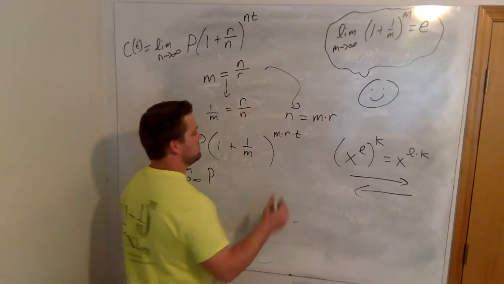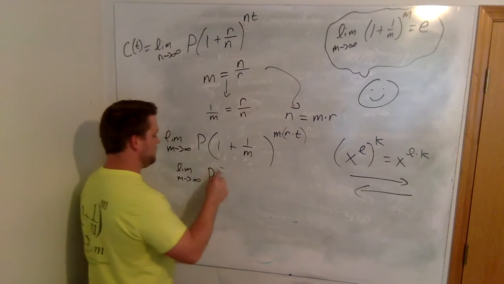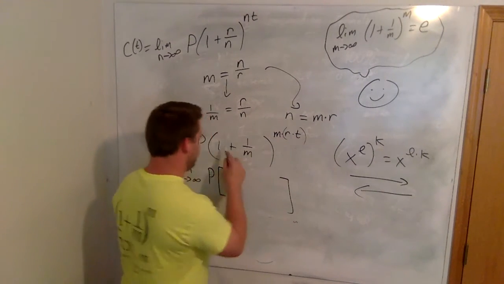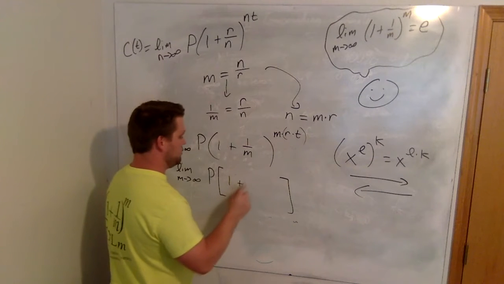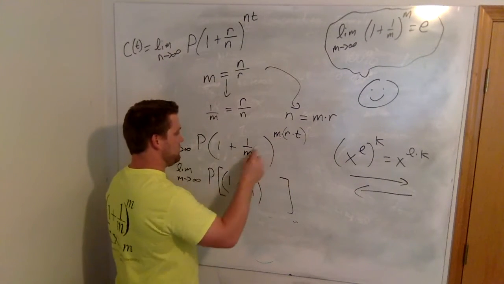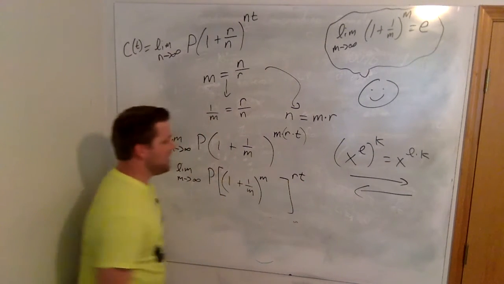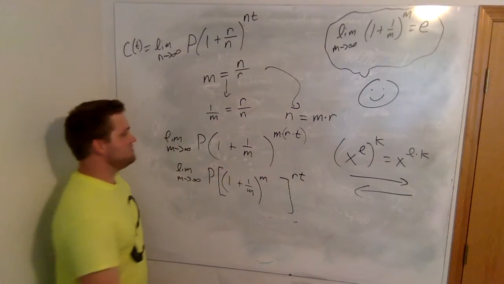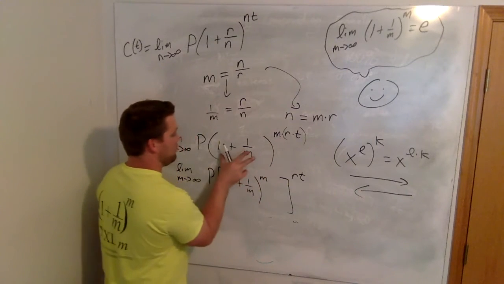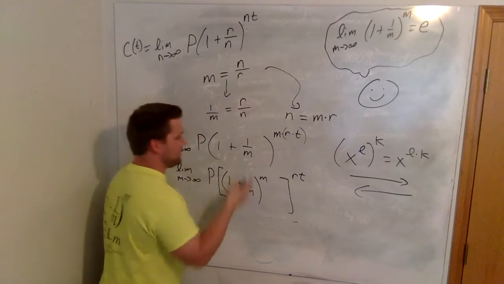So if I separate these two pieces, putting a bigger parenthesis here, this is the same thing as 1 plus 1 over m, and then the m is going to hit here, and I still have my r t on the outside. This rule says that these would multiply and it'd be right back here.